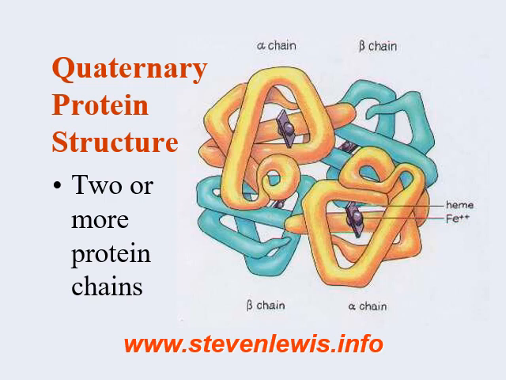Hemoglobin is composed of 4 globular proteins, 2 shown in yellow and 2 shown in blue. Hemoglobin is found inside the red blood cell, where it's needed to bind and transport molecular oxygen. This fourth level of structure, or quaternary structure, is necessary for the functioning of hemoglobin.